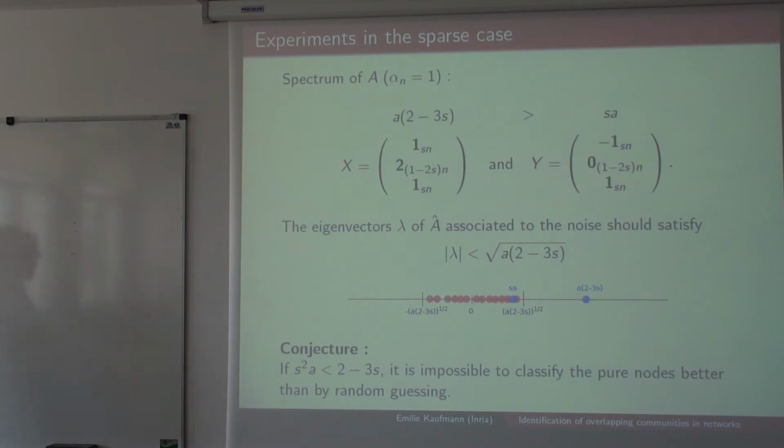So what happens? The problem may come from the noise that there is in the sparse case. In fact, what can be shown is that the eigenvalues of, actually here I put the adjacency matrix, but in fact it is some more complicated matrix that should be used in this sparse case, but I put it under the carpet. You can ask Marc if you want some details. Anyway, this matrix is such that the eigenvalues due to the noise will be smaller than the square root of this quantity.